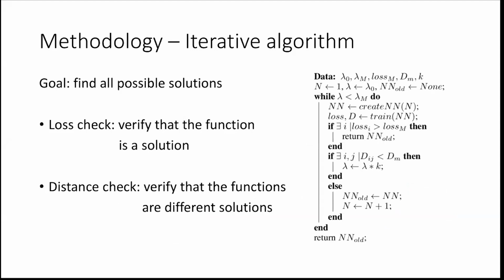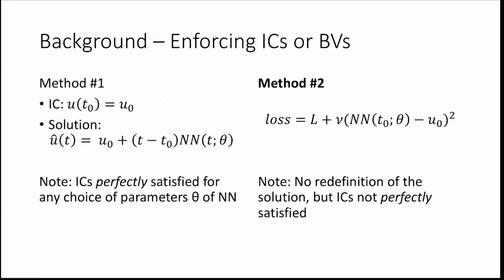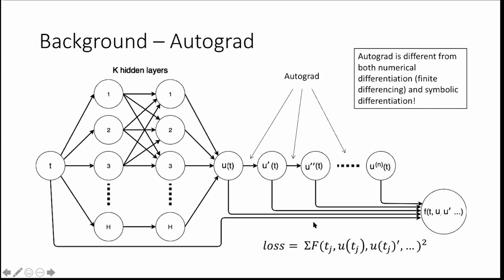If the loss of the neural network is less than that threshold value, it means that the differential equation is satisfied, because the loss actually is this term here. For this experiment, I picked 10 to the minus 4.